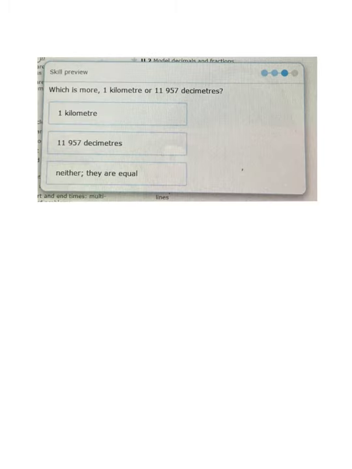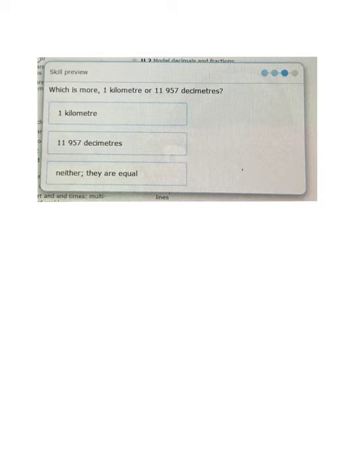Okay, this last example is particularly tricky in that there's quite a few steps, but it's the same process of just working our way to figure out how they compare to each other, converting. So it's asking us, what is more, 1 kilometer or 11,957 decimeters? So really what we want to do is find out how many decimeters there are in a kilometer.